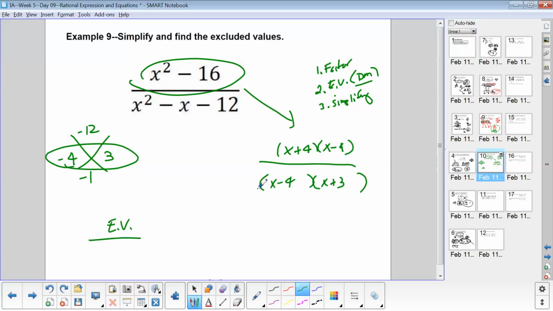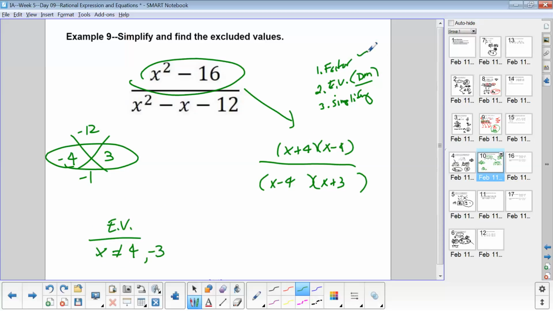The more you work with this, the more you start to see, well, what's the value that I could substitute to make it go to 0? So x cannot be 4. If I substitute a 4 in there, it goes to 0. So I want to stay away. I cannot include that in my domain because it will cause an undefined value. And what else? X cannot be -3. So those are my excluded values.